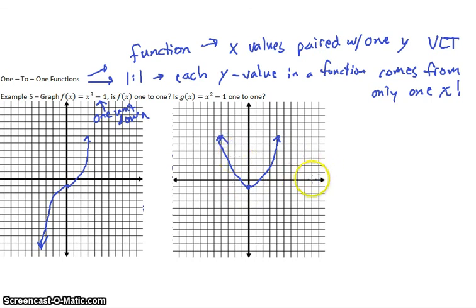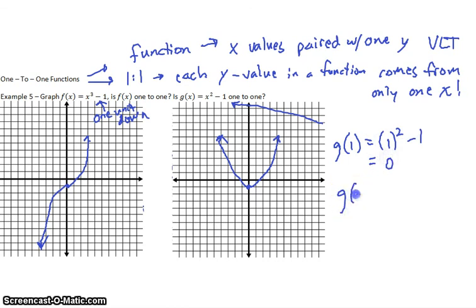Now, when I said one-to-one, I said that each y can only come from one x value. And I want to show you how this second one fails to do that. If I plug in 1 into this function, I get 1 squared minus 1, which is going to be 0.